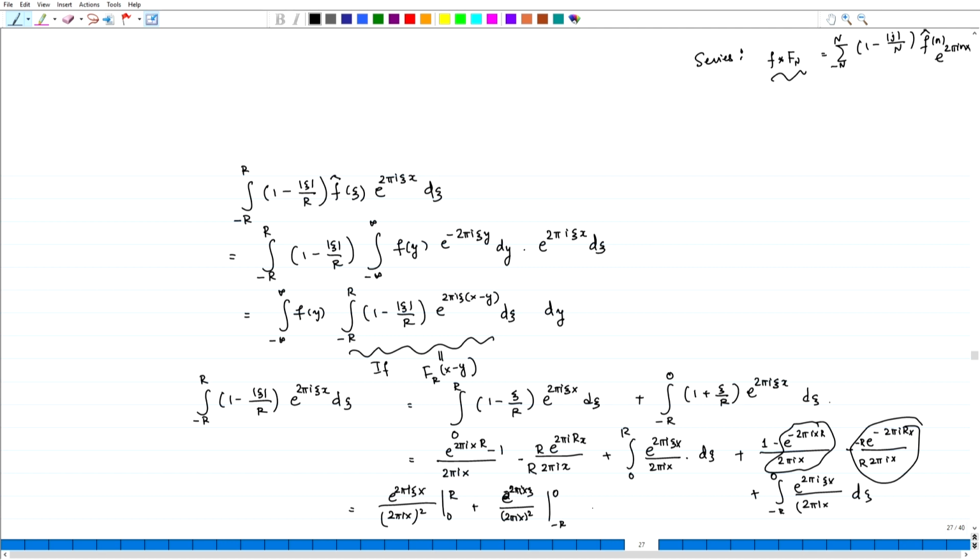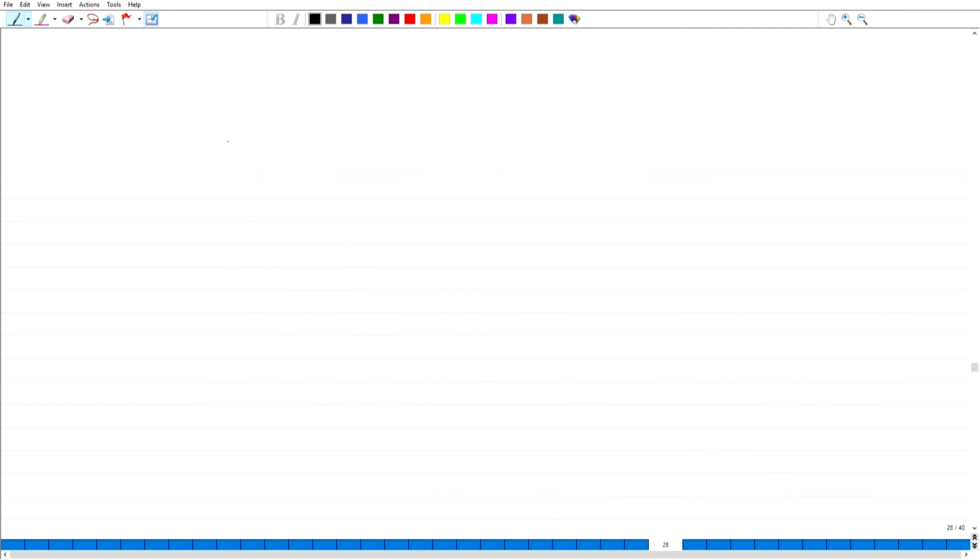So, if we compute this, let us write it on the next page. This is going to be equal to e to the power 2 pi i r x plus e to the power minus 2 pi i r x minus 2, and then this is r times 2 pi i x square.